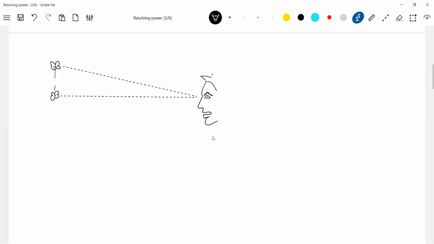I'll draw a lady. Now the person is able to see that. So now what he says, at a distance x1, they are separated by a distance. I'm not going to change it. So if you ask him, what he says.